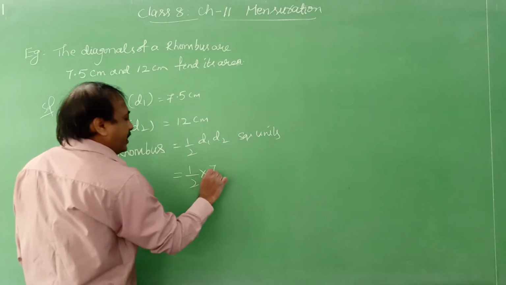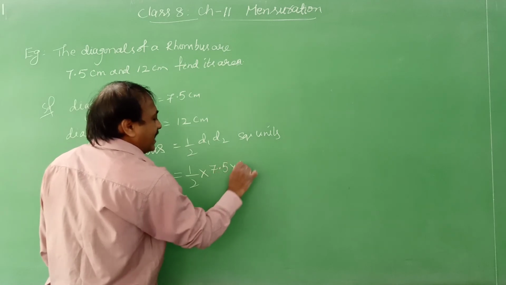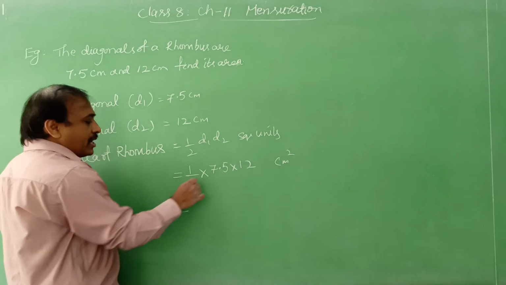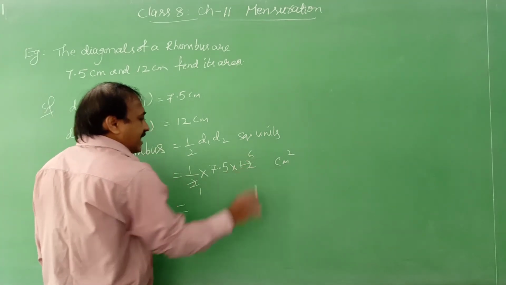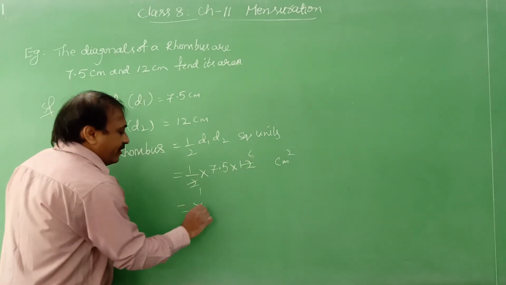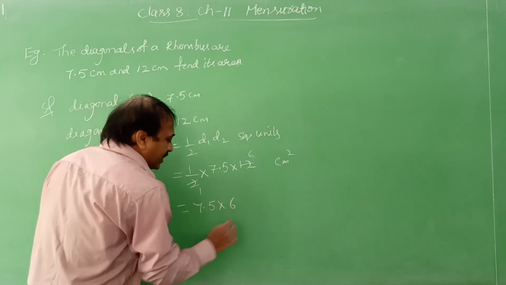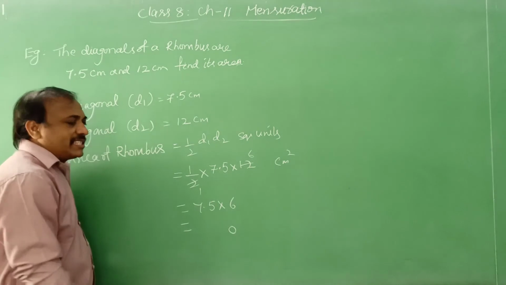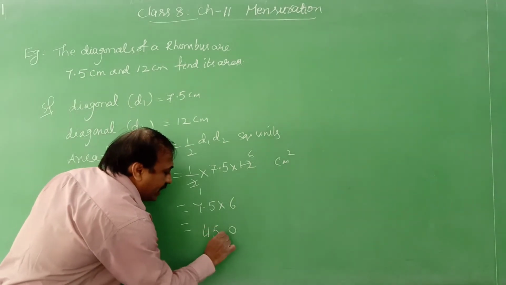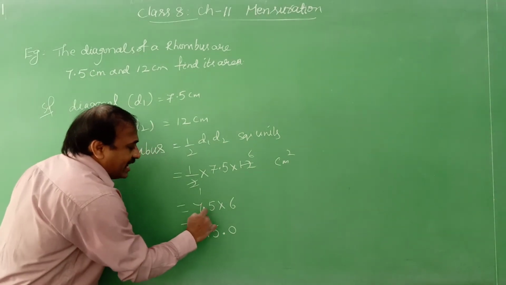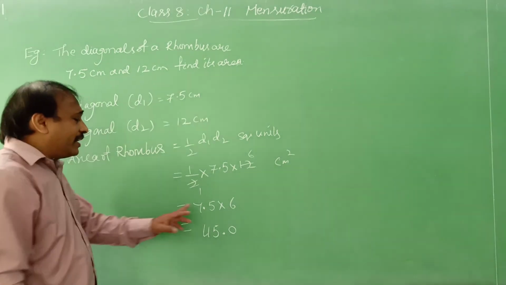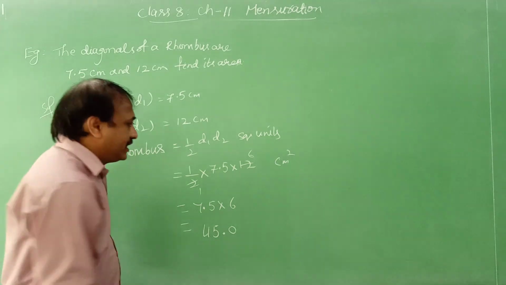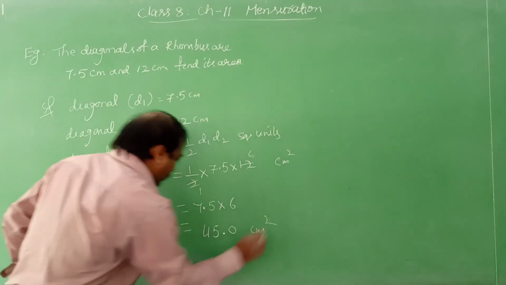Which is equal to half into D1, diagonal 1 is 7.5, into diagonal 2, which is 12 centimeter square. Two ones are 2, 2 sixes are 12. So 7.5 into 6: 6 fives are 30, 6 sevens are 42 plus 3, 45.0. As there is one digit after the decimal point, 45.0 centimeter square.